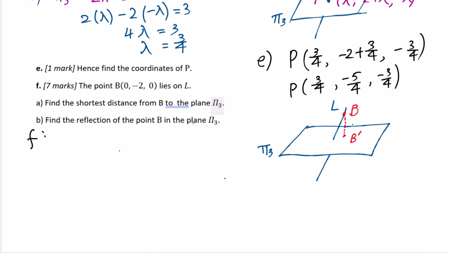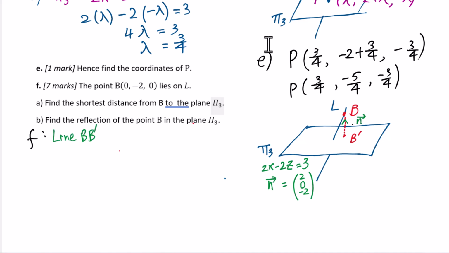We do know the direction vector for the line BB prime is the normal vector of the plane pi 3. The equation of pi 3 is 2x minus 2z equals 3. Normal vector equals (2, 0, -2).